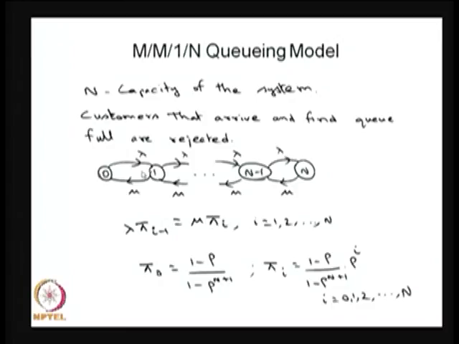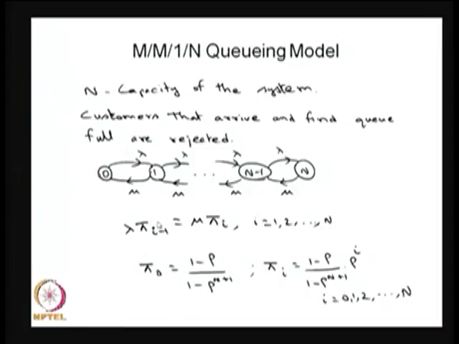Therefore, the outflow is lambda times pi naught, and the inflow is mu times pi 1. Like that you can go on to write the balance equation for the next state, the second, and so on. This also satisfies what is called the time reversible equation.